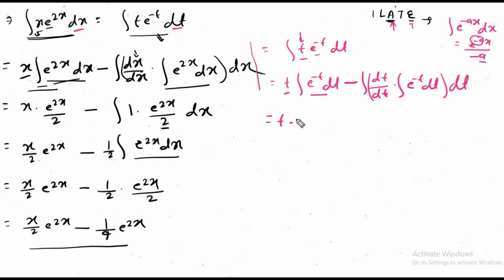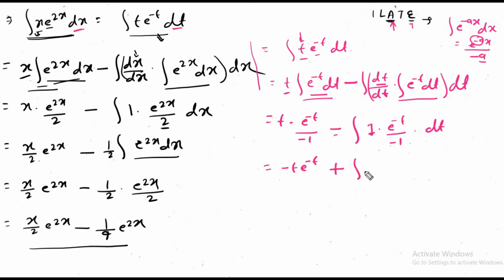So we can write t into e to the power minus t upon minus 1, and minus integration, if we differentiate t with respect to t, the solution becomes 1, and this integration term is similar, so we can write directly e to the power minus t upon minus 1 into dt. So simplify first: minus t e to the power minus t, and here minus and minus, so finally it is plus, integration e to the power minus t into dt.